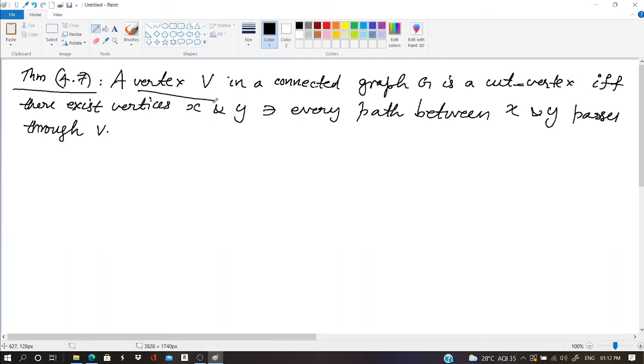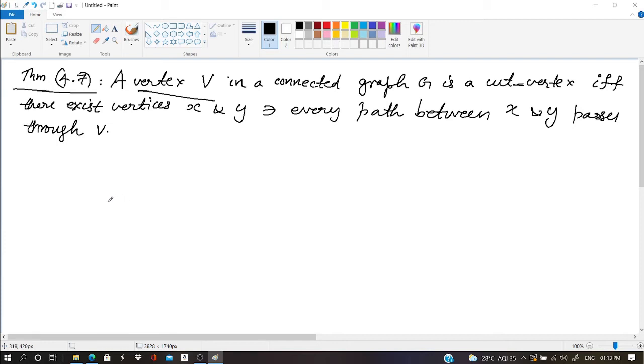We consider a separable graph, and if we delete the vertex V, the graph becomes disconnected. So such a vertex is a cut vertex.